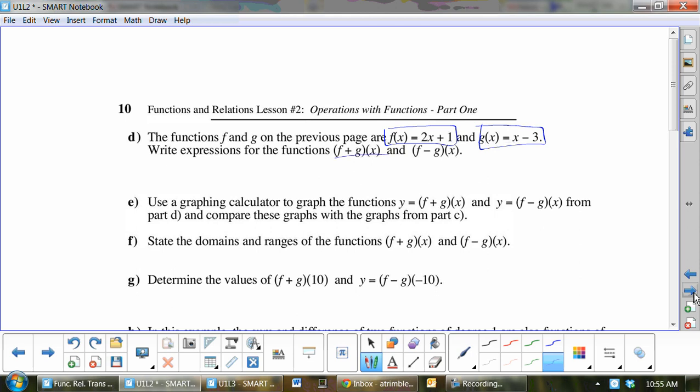So f plus g of x equals 2x plus 1 plus x minus 3. So this stuff is quite intuitive, actually. Most people would have figured this out, that if we're taking f of x plus g of x, well, can I just take those two equations and add them together? Yeah, you do. So 2x plus x is 3x, and 1 and negative 3 is negative 2.